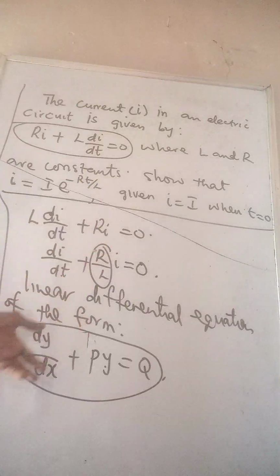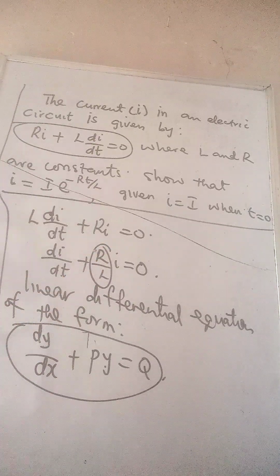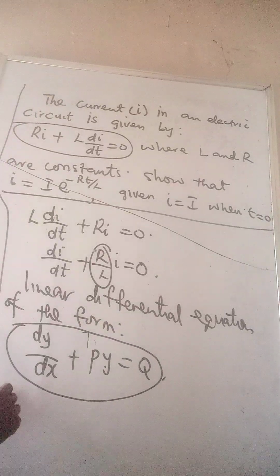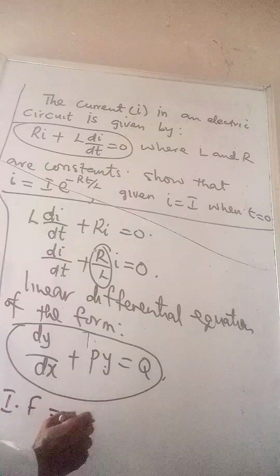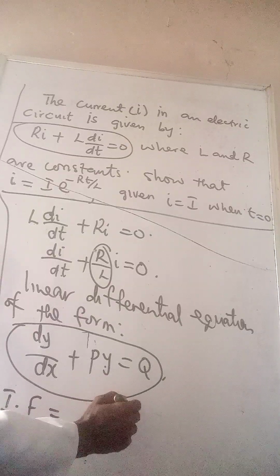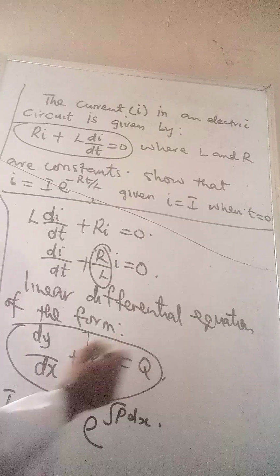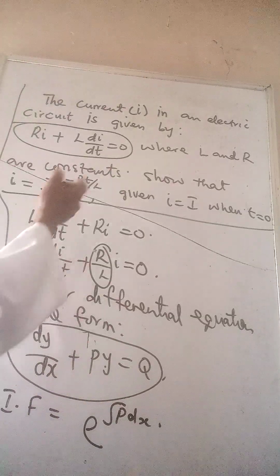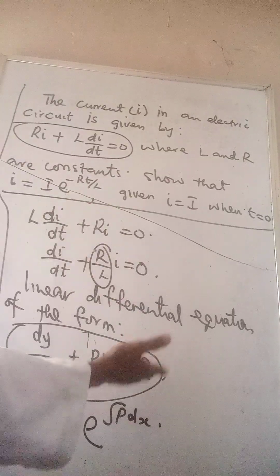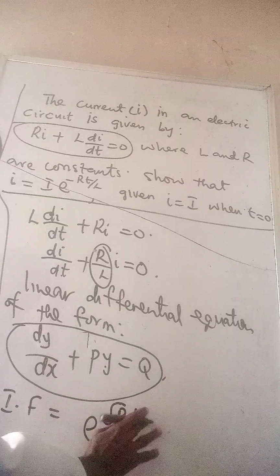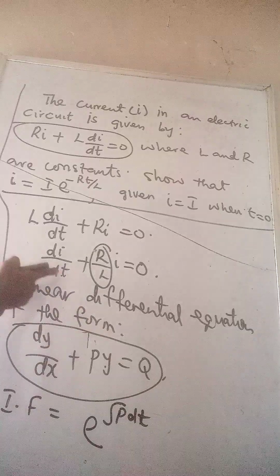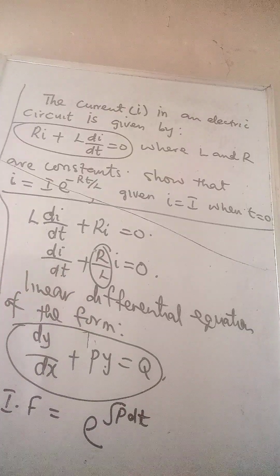Now, what do we do? Whenever we have a differential equation, how do we go about it? We look for the integrating factor. The integrating factor is e to the integral of P dx, which in this case will be P dt, because we are integrating with respect to t.